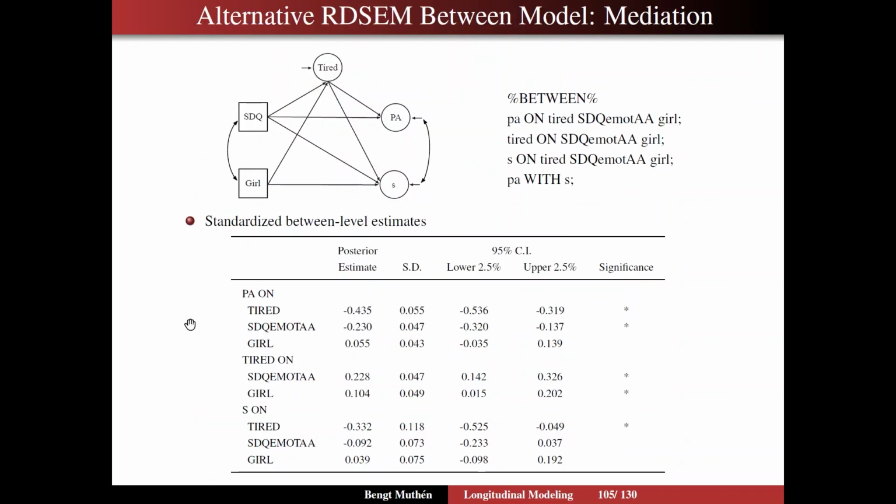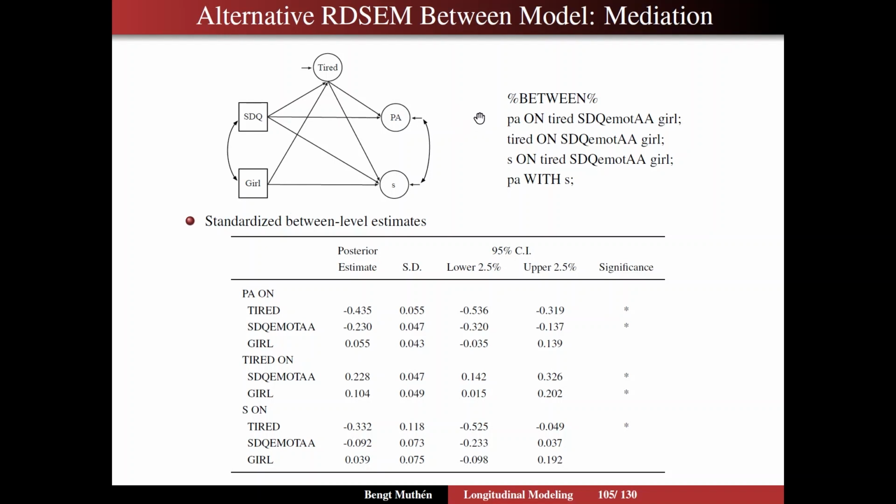On the next slide, then, we take the tack of trying out mediation. So we are interested in PA related to tired, and interested in PA related to, say, SDQ. But we are also interested in tired related to SDQ. So we have this little triangle here of an effect of SDQ on PA that's direct and indirect this way.